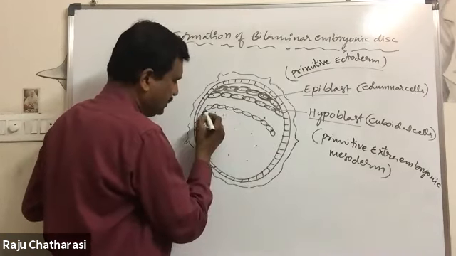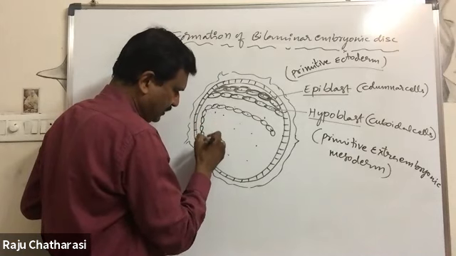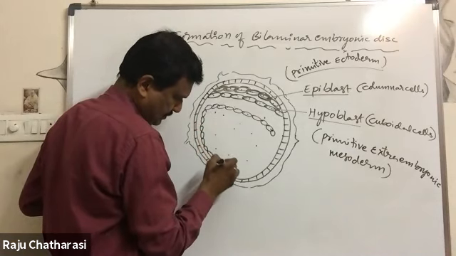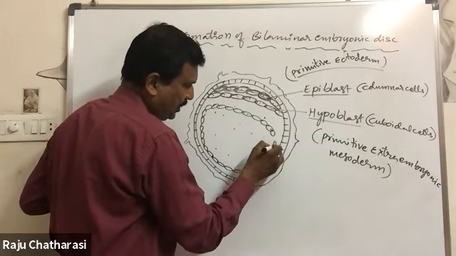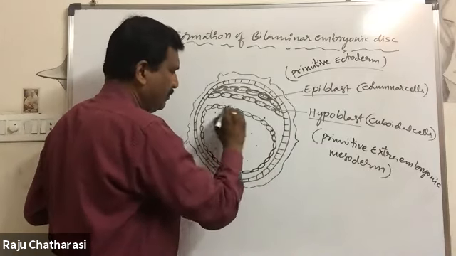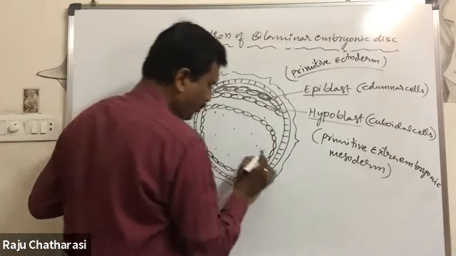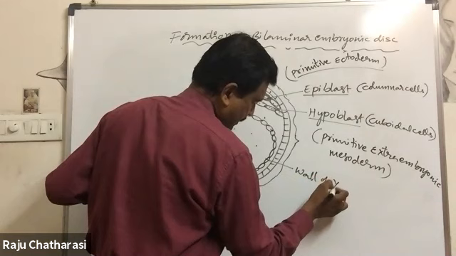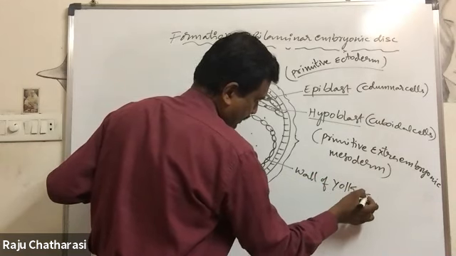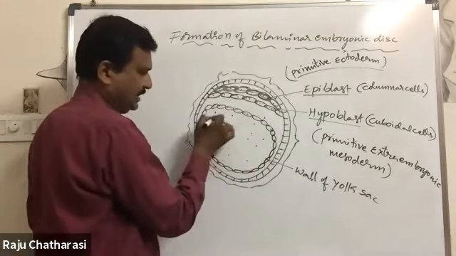Then it forms the wall of yolk sac. Hypoblast pushed down to form yolk sac wall. Now this is called the wall of yolk sac, and this is the yolk sac.